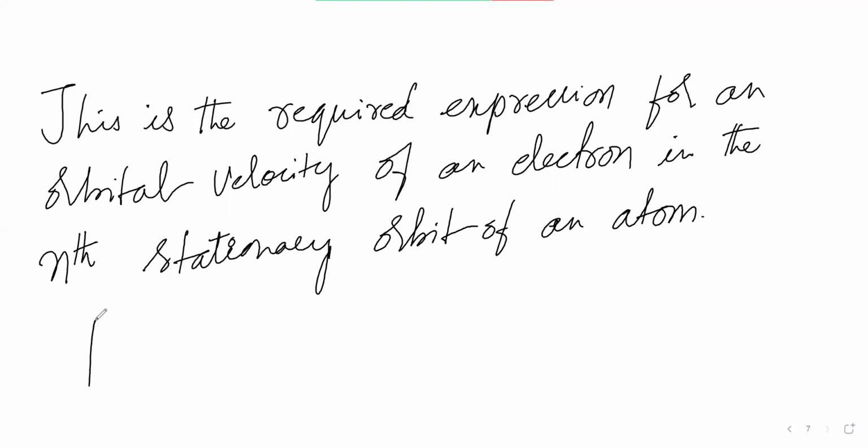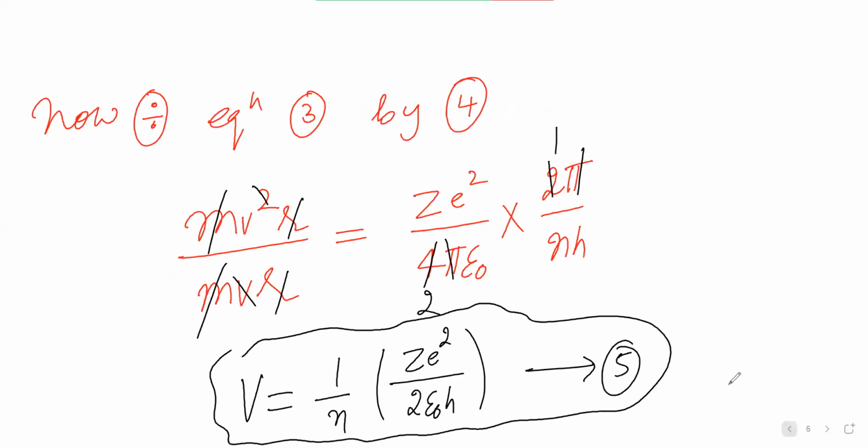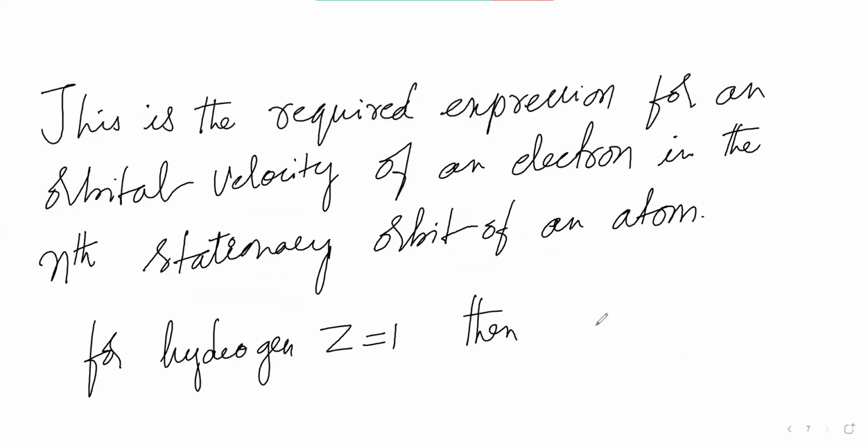Then for hydrogen, Z equals 1. Then this fifth equation will become v equals 1 by n into e square divided by 2 epsilon naught into h.